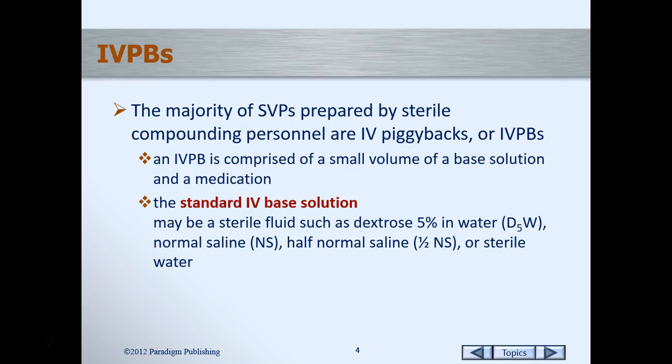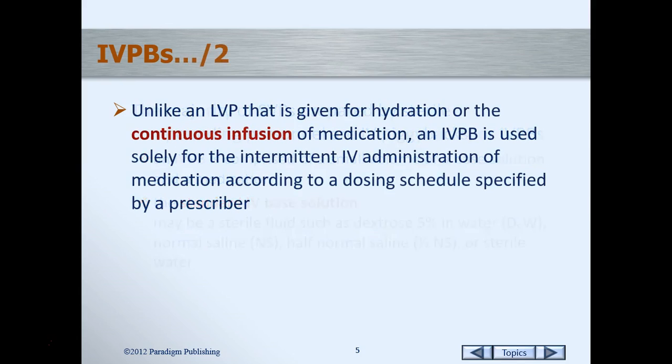Most commonly, they will be D5W or normal saline. They may also include half normal or sterile water, but the most common are D5W and normal saline. Unlike the LVP given for hydration or as a continuous infusion, a piggyback is used solely for the intermittent IV administration of a medication according to a dosing schedule.